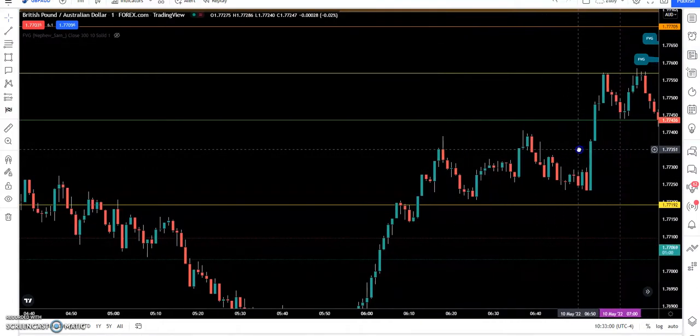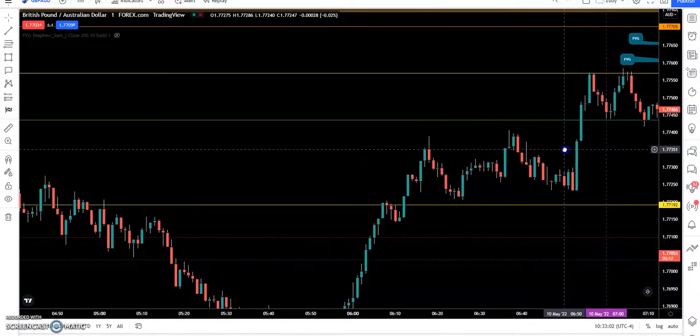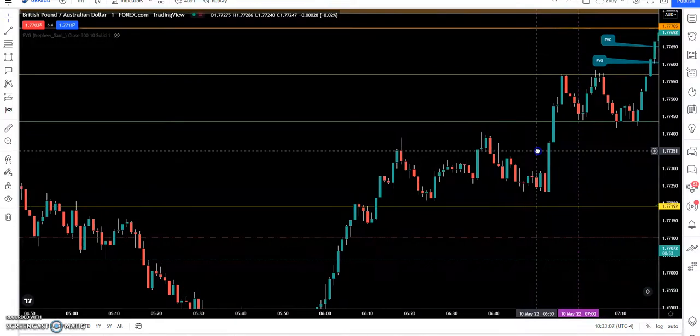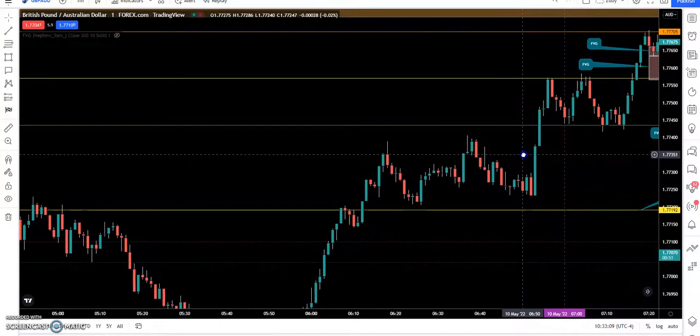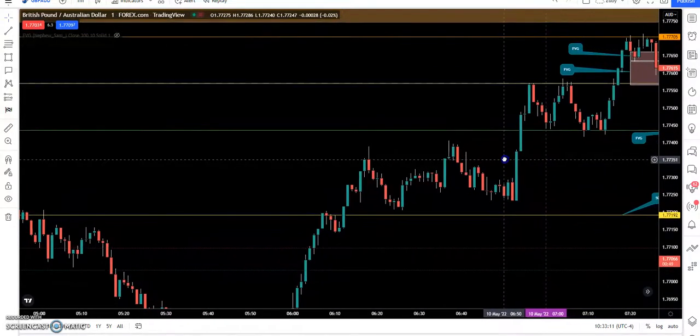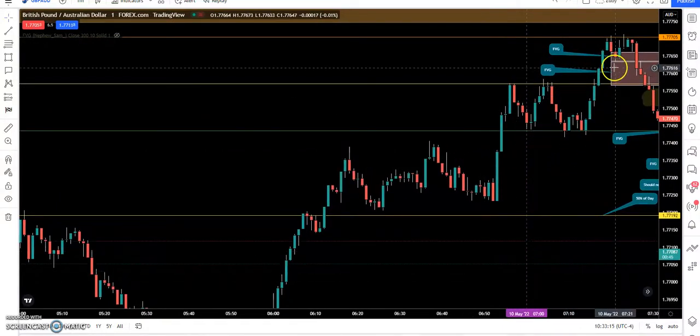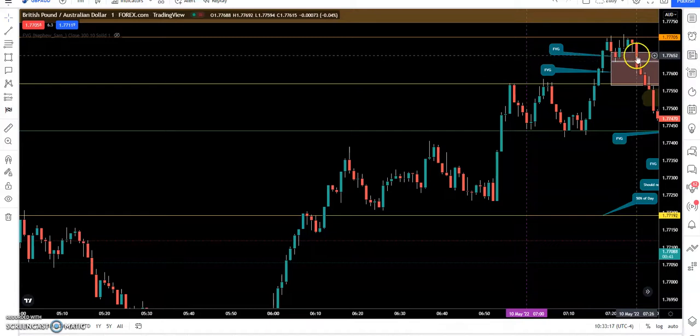So as you move along, you can see I didn't see anything. There was nothing that made me want to sell. But as I was going in, you could see that I had a fair value gap right here.